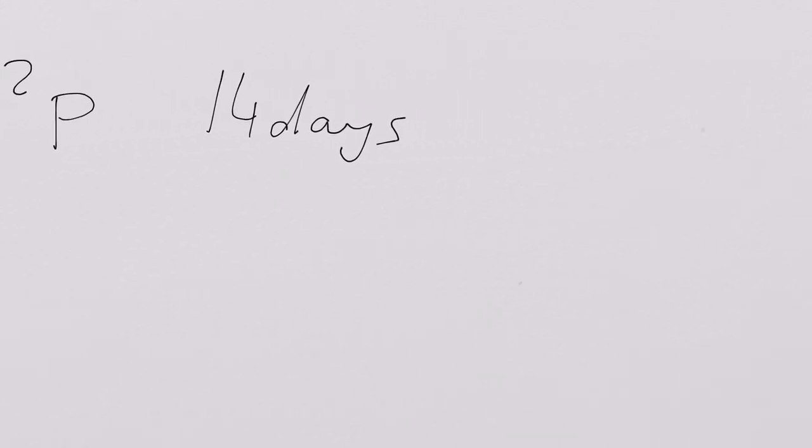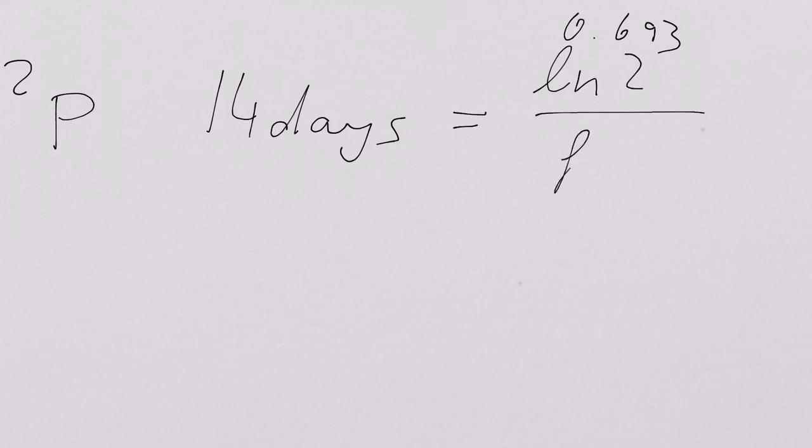So 14 days, that's the half-life, equals ln2, and this ln2 is always there, yeah? And this is 0.693, divided by k, that's the rate constant.